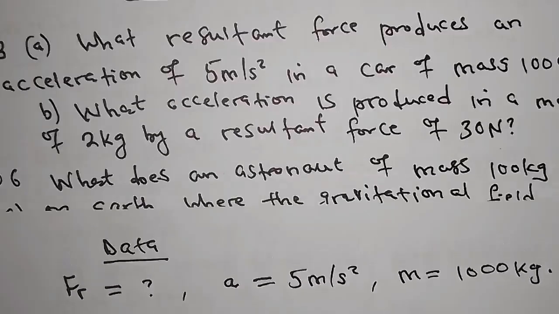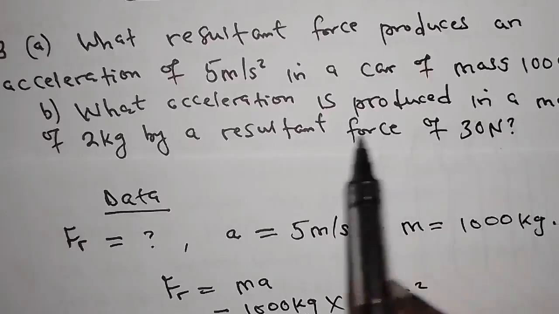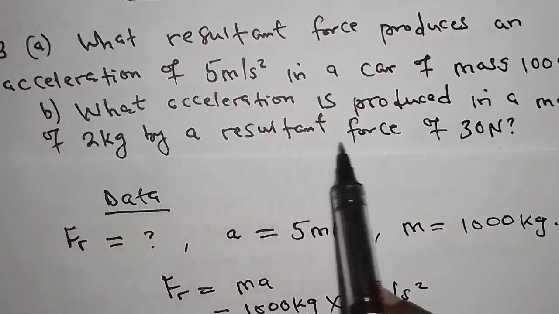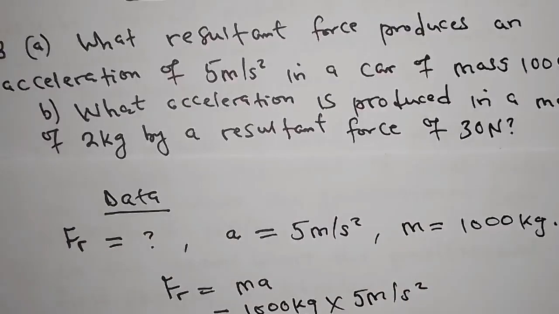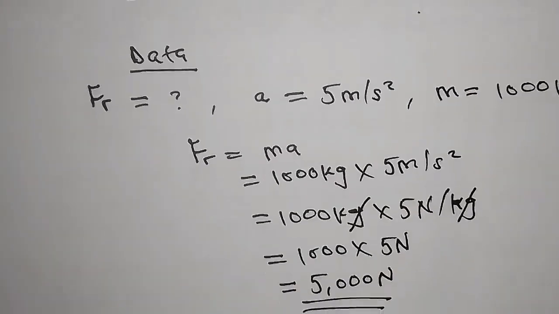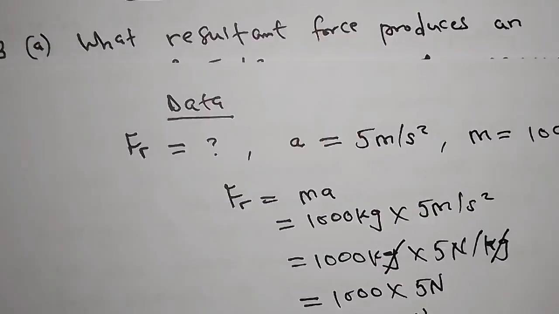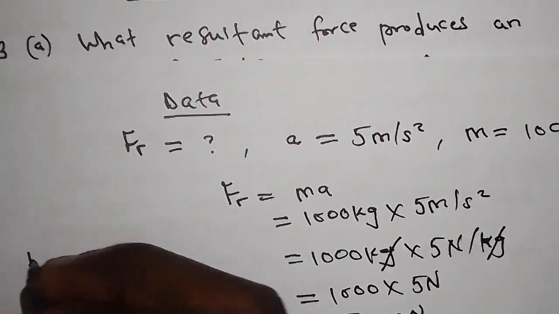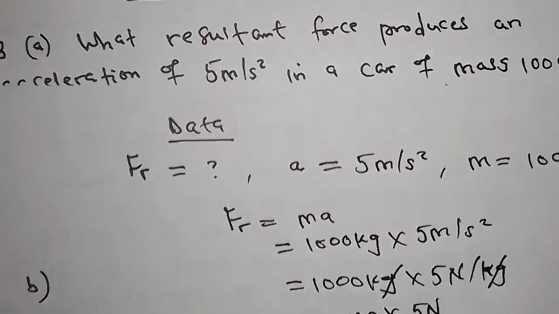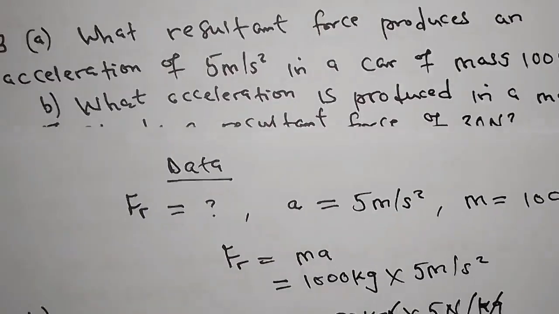Now we move on to the second question, which is B. What acceleration is produced in the mass of a car by a resultant force of 30 Newton? On B, we are looking for the acceleration.